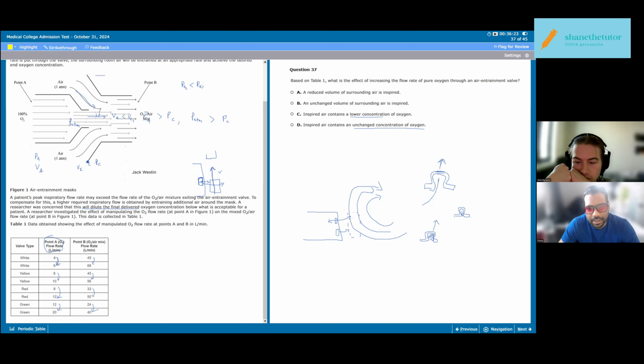So I think it should be this. Yeah, it is because it's compensating, you're saying?